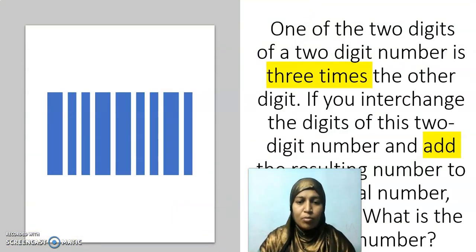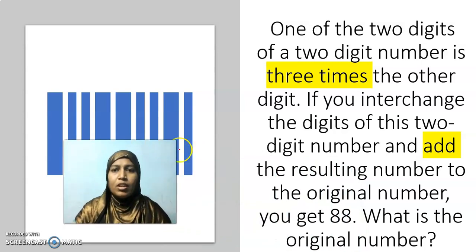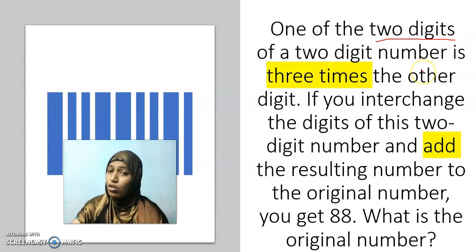Again with the same logic, same concept. Again we are going to talk about a 2-digit number. We can also talk about a 3-digit number, 4-digit number. Okay, but the condition of interchanging will not be suitable for this chapter.